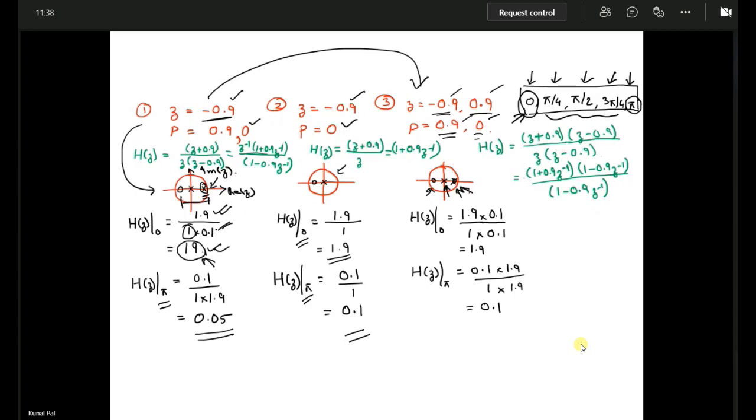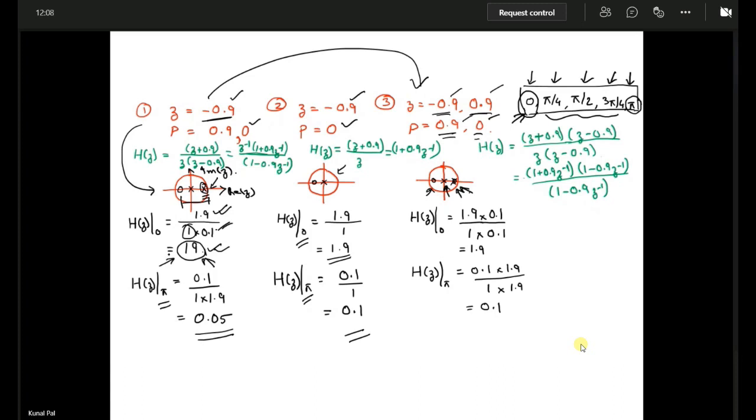If you compare the first case and the second case, the other two parameters, that means the zero and the pole, are at the same location. What we have done in the first case is add an extra pole, and due to the addition of that extra pole, the gain has been increased multifold. Okay, so that is an important thing.